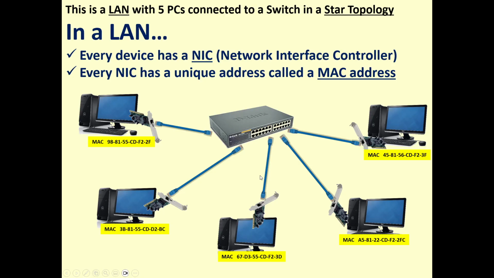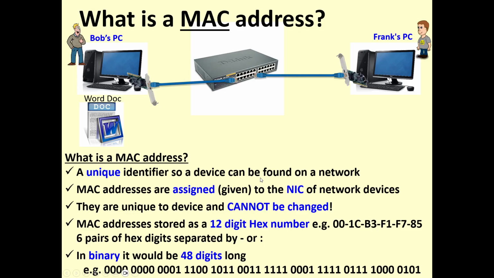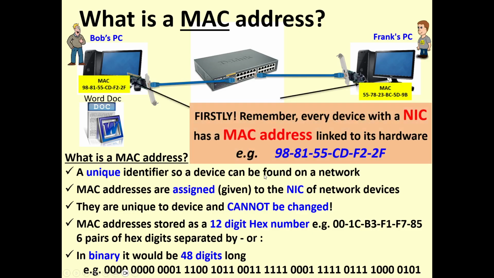So what is a MAC address? A MAC address is a unique identifier, a unique address, so a device can be found on a network. MAC addresses are assigned to the NIC of a network device, and they are unique and they cannot be changed. They are fixed. A MAC address is stored as a 12-digit hexadecimal number, such as the one on the screen there, 988155CDF2F.